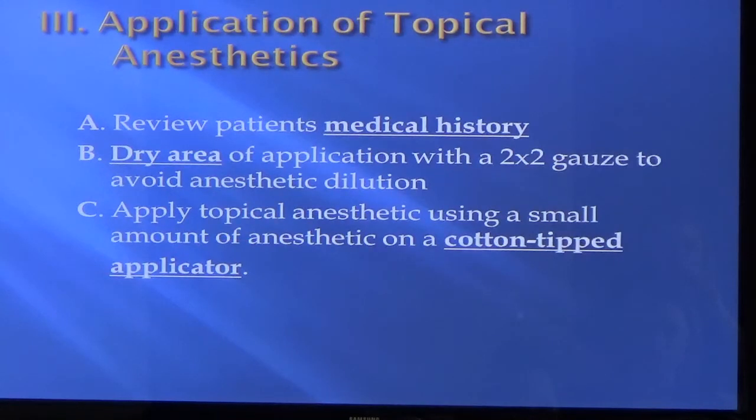Apply topical anesthetic using a small amount of anesthetic on a cotton-tipped applicator. And if you've seen how the girls do it here, when you load a syringe, the back of the needle is a little plastic vial, and that's what they use to get the topical. They use those little back ends and put them in there. They're recycling the material.